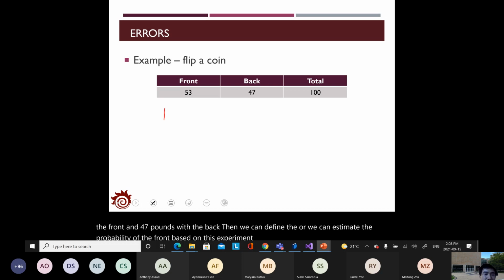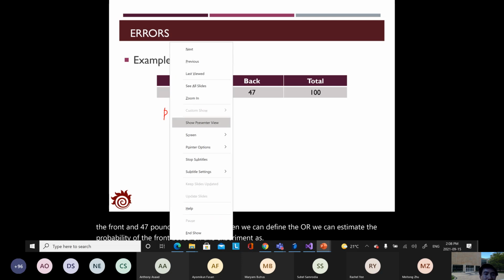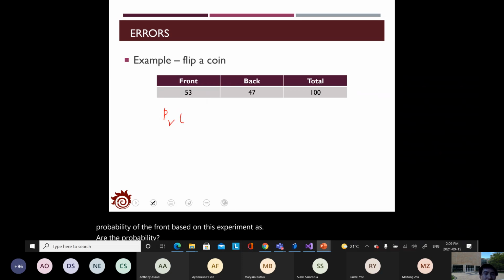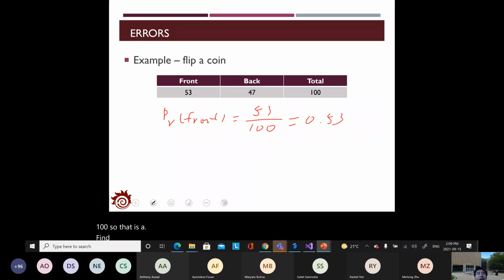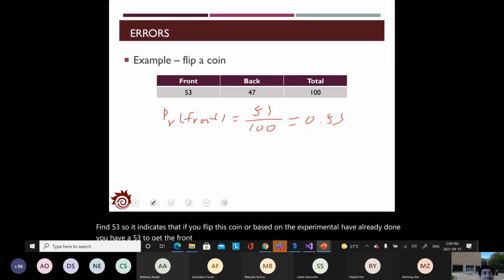The probability of front would be 53 over 100, so that is 0.53. It indicates that, based on the experiment you have already done, you have a 53% chance to get the front result. And similarly, you can find out the probability of back.